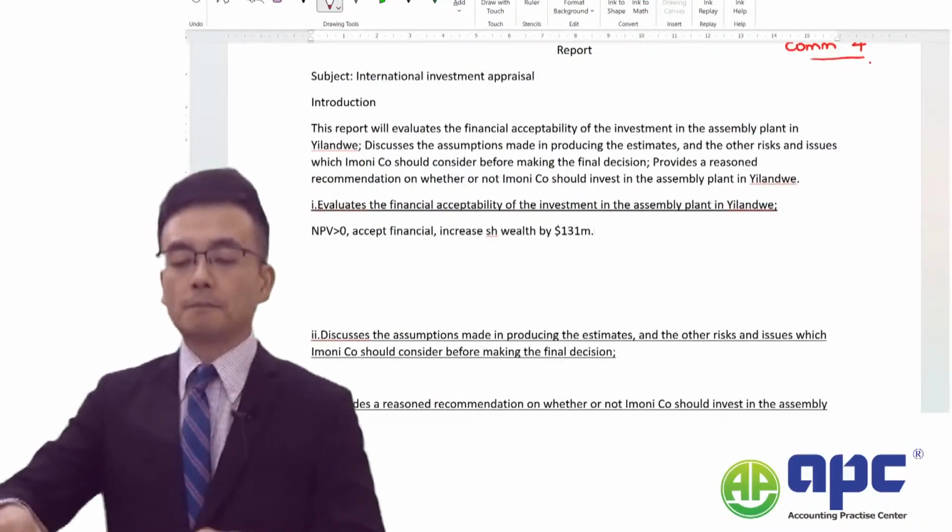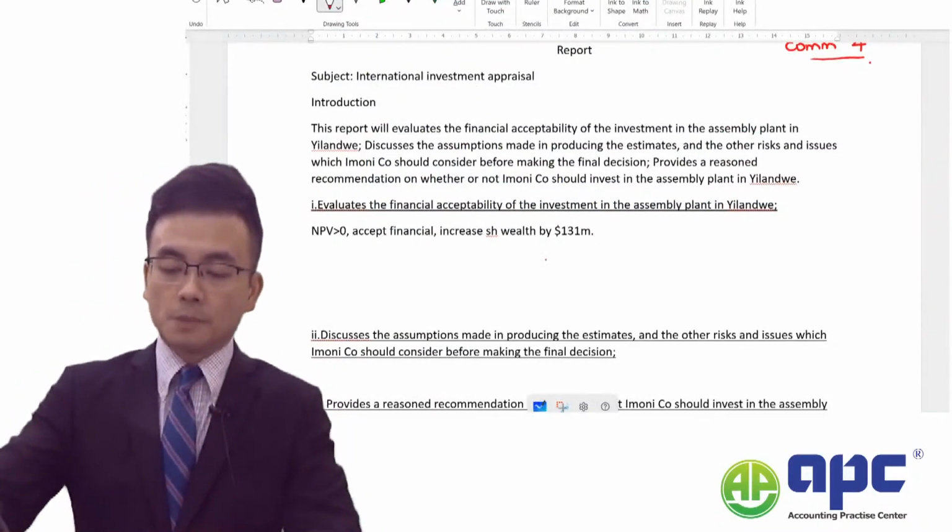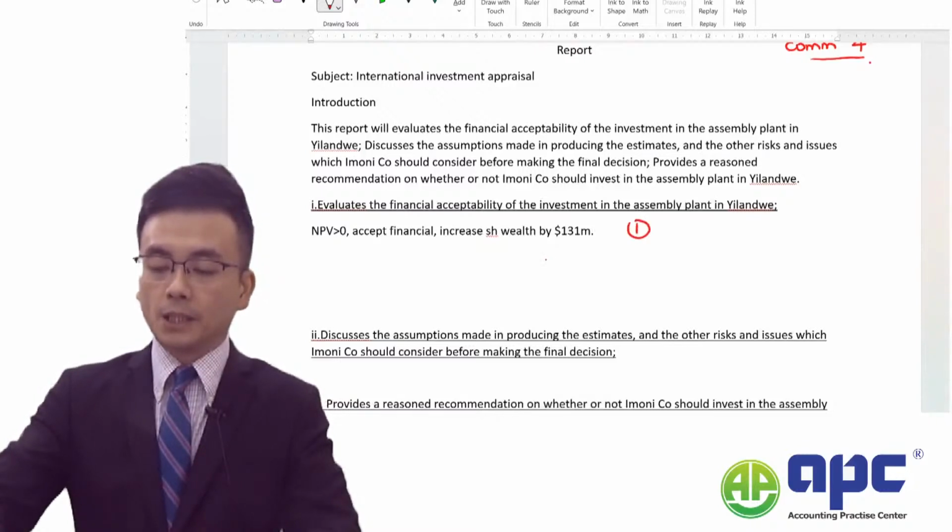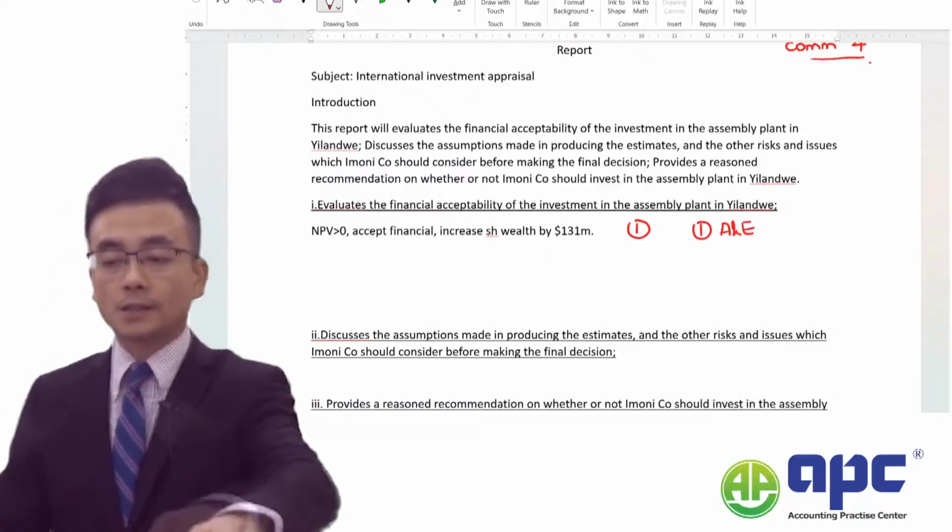And by saying that, you'll get 1 technical mark because it explains the implications. So that's why 1 analysis evaluation mark here. Okay, as a starting point.